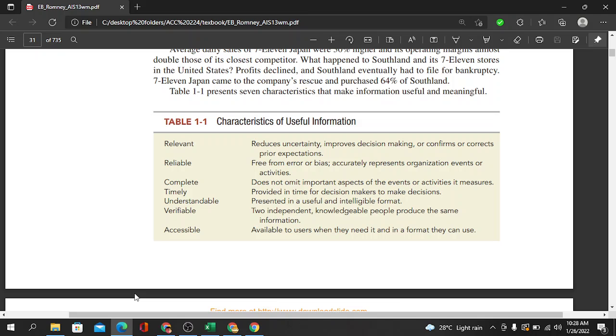How about accessibility and relevant? May mga instances ba na hindi ito accessible? Say for example, we want to get the ratios of a certain company, say a manufacturing concern, or a metal manufacturing company, and we want to get the accounts receivable ratios, or inventory turnover ratios, or average collection of the receivable.